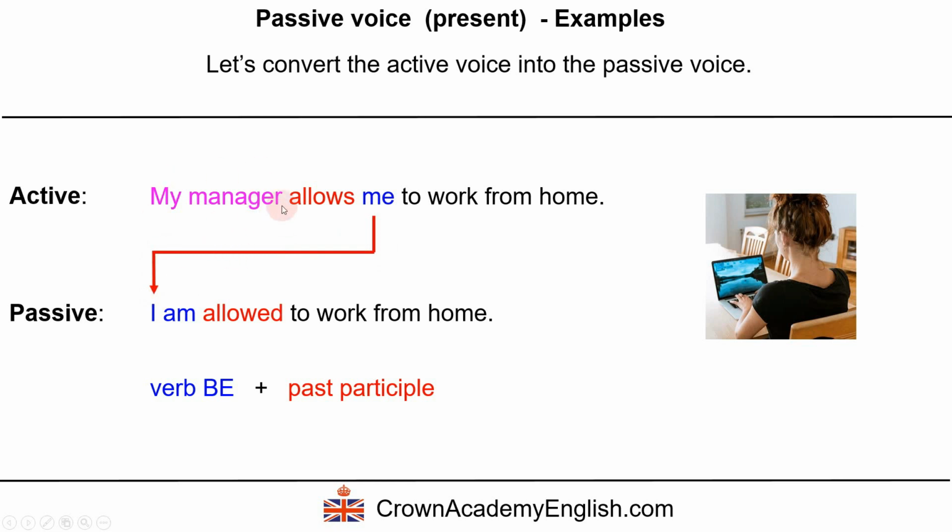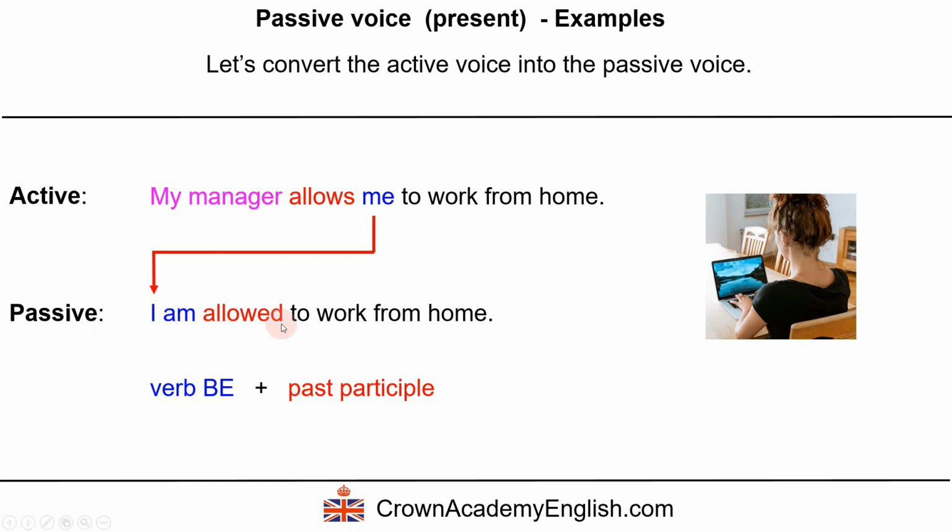And the manager disappears. Okay, so we do not know really who is giving me permission to work from home. But that's because it's not really important. It's not really an important piece of information. The important thing in a sentence is that I have permission. Okay, so that's what this means.